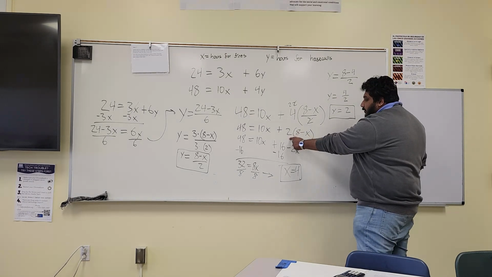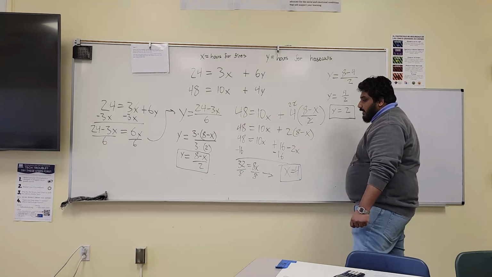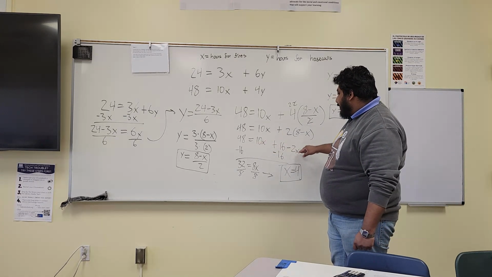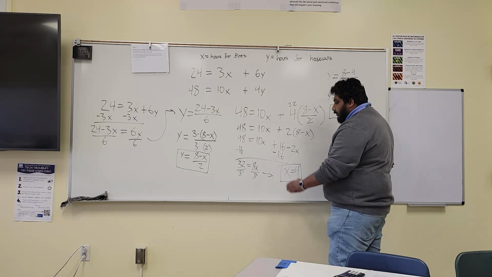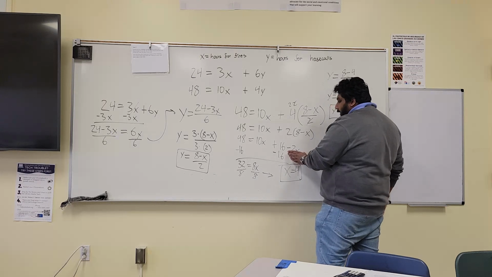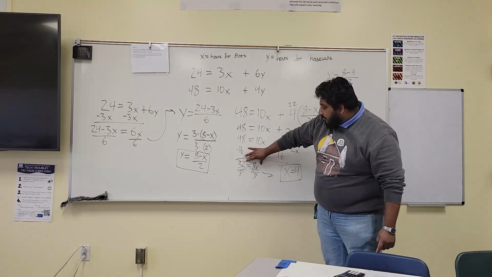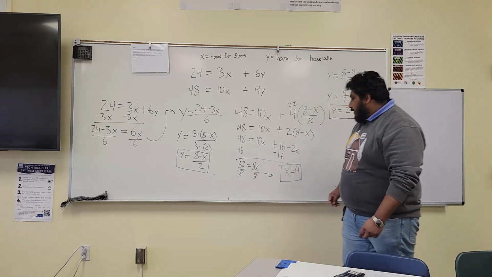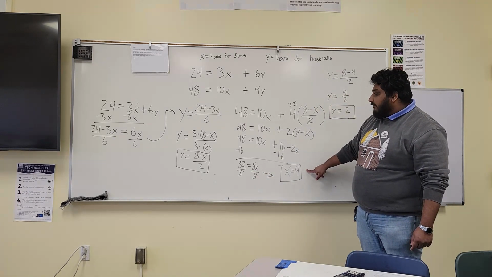We'll multiply the 2 throughout this whole thing, and that'll give us 48 equal to 10x plus 16 minus 2x, and then we'll subtract 16 on both sides and combine 10x and negative 2x, giving us 32 is equal to 8x. We'll divide 8 from both sides, and that'll give us x equal to 4.